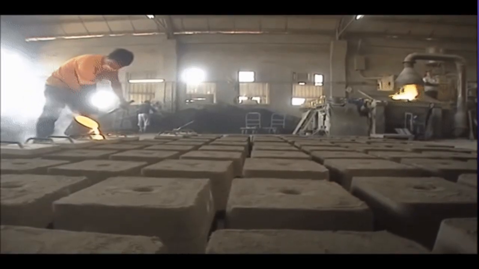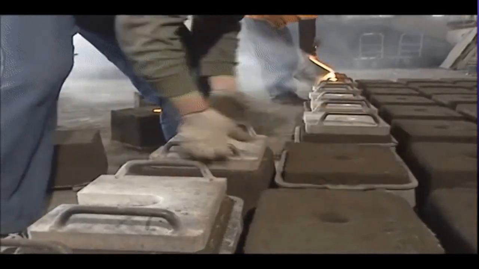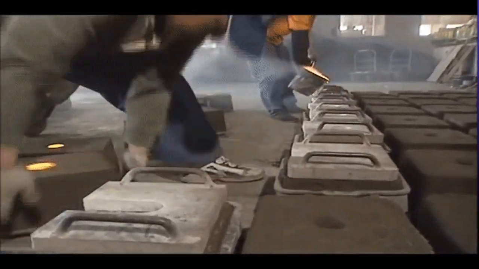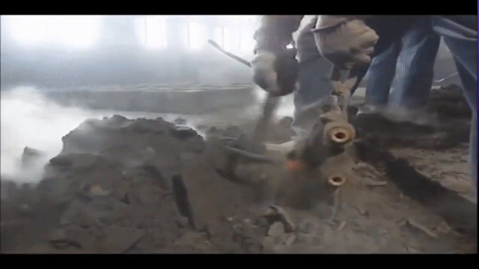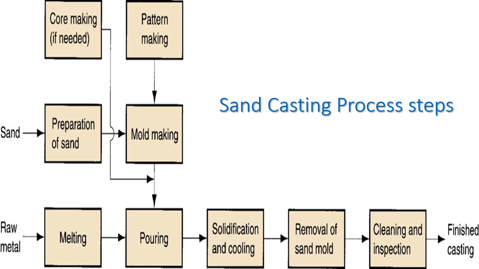Fill the cavity with the molten metal and allow the metal to cool down until it solidifies. Breaking the mold and take the part away. The whole sand casting process can be simply summarized in the following flowchart.